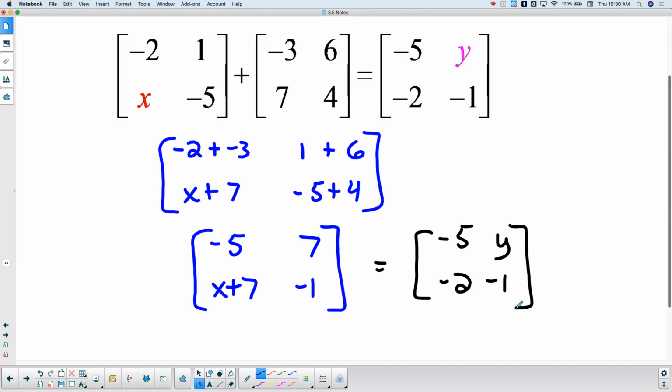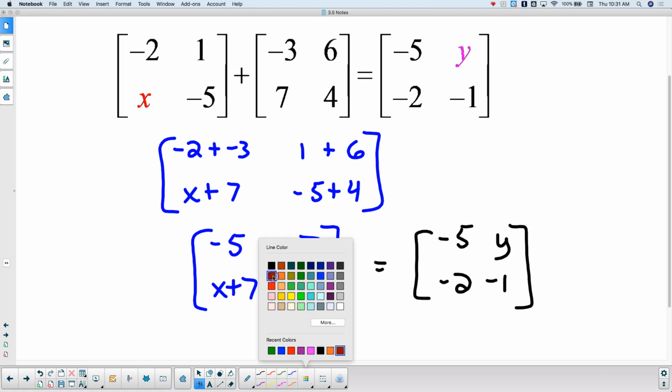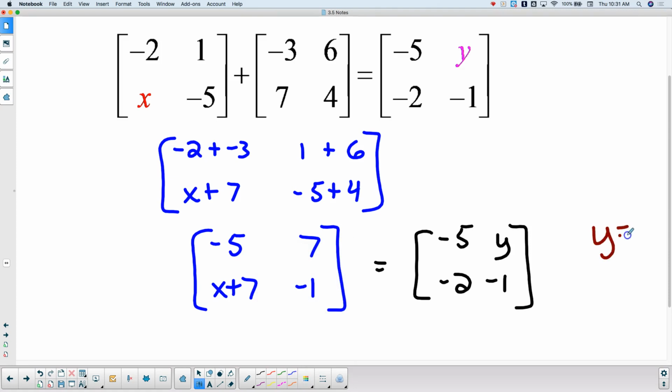So negative 5 has to equal negative 5. That works. 7 has to equal y, so y has to equal 7 in order for it to be true.